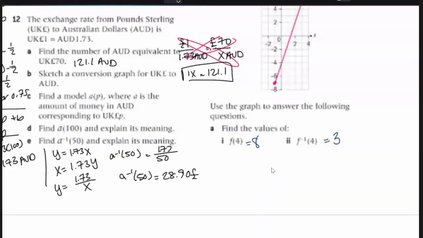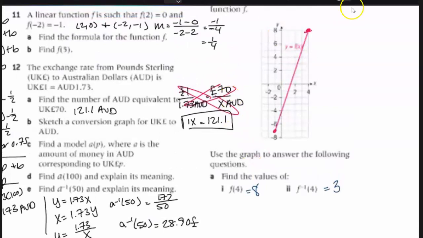will be the domain. So first off, my domain for the original function, so f of x, it's continuous, so it's going to be an inequality. And I don't see any open circles, so they're going to be equal to. My leftmost value is -1. My rightmost value is 4. My lowest value is -7. My highest value is 8.